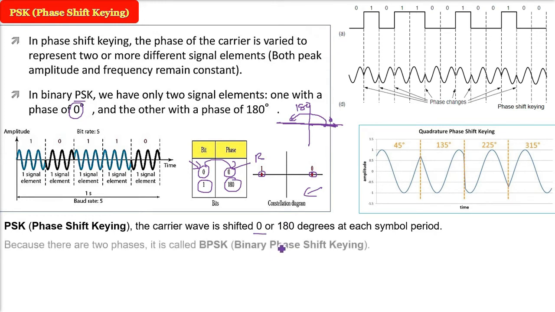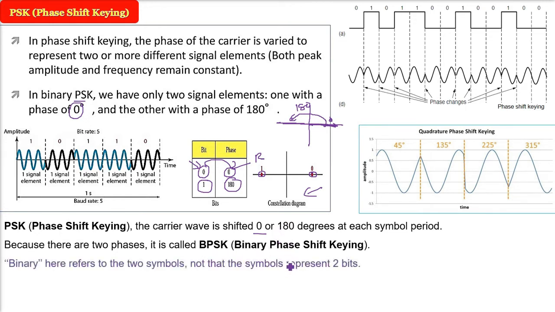And because we have two phases here, it is called BPSK, or binary phase shift keying. By binary, we are referring to the two symbols, not that the symbol represents 2 bits. Okay. So these are PSK and BPSK.